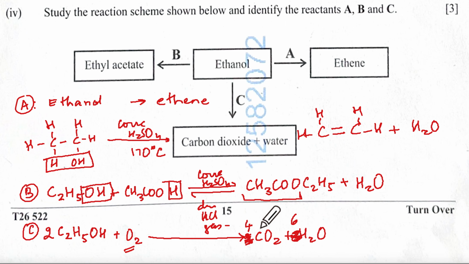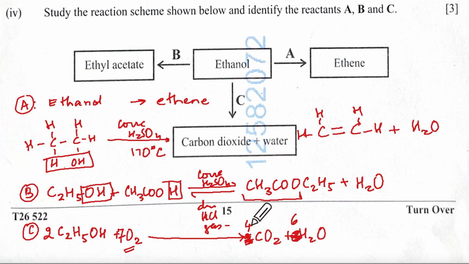How many oxygens do you see? 8 and 6, 14. Correct? Double check. 4 carbon, 6 to 12, 12 hydrogens, and 14, one minute, 14 and 2, 16.